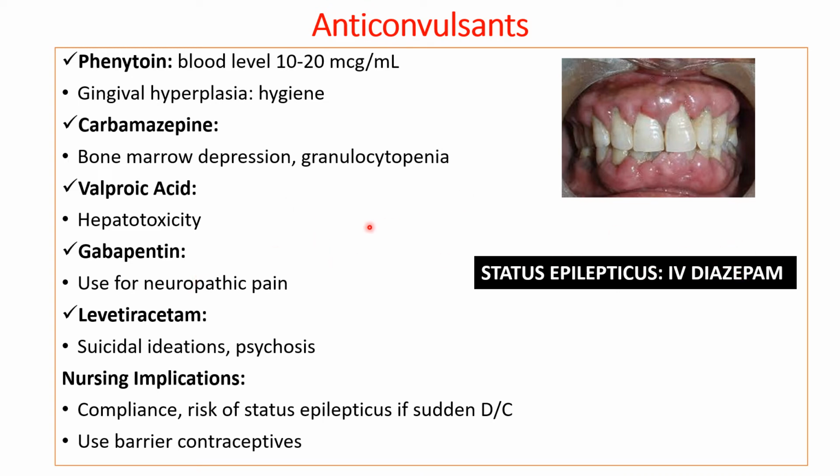The patient needs to be hospitalized to receive IV phenytoin or maybe a general anesthesia, a drama, a catastrophe. So you need to explain that to the clients, the importance of the compliance, because of the risk of having a status epilepticus if the client discontinues the medication suddenly.